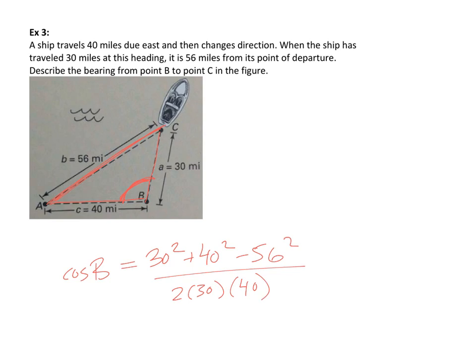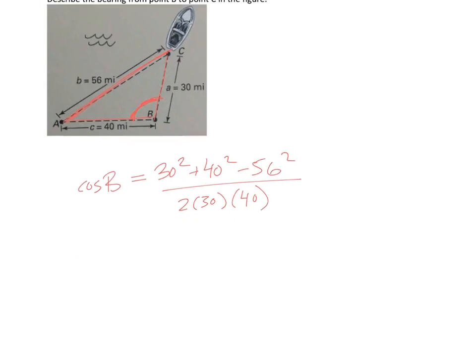I'm just using the alternative form of the law of cosines as seen on your summary sheet. So I have cosine of B is equal to negative 0.265. Take the inverse cosine of both sides.